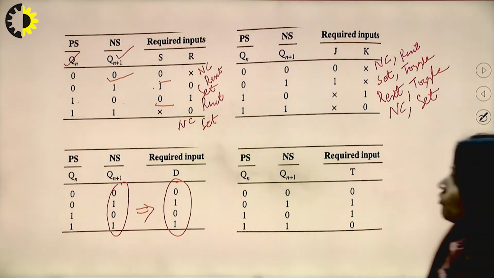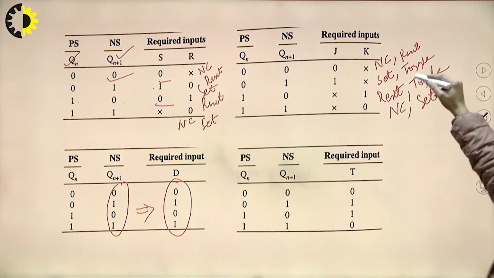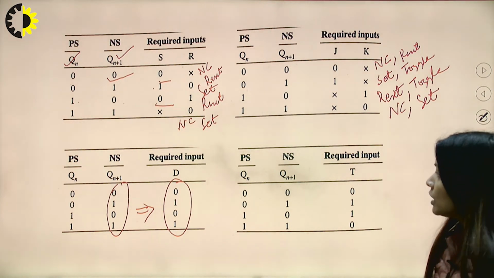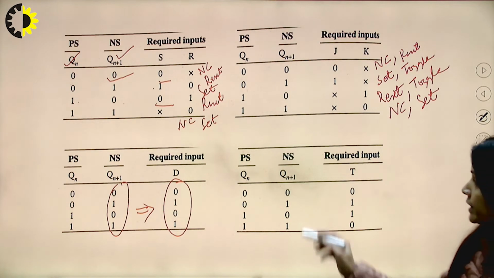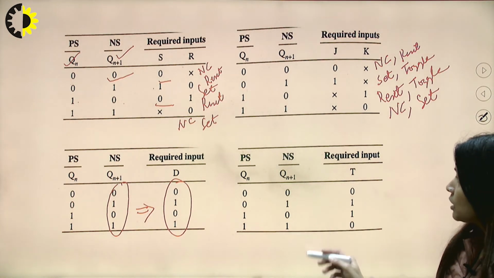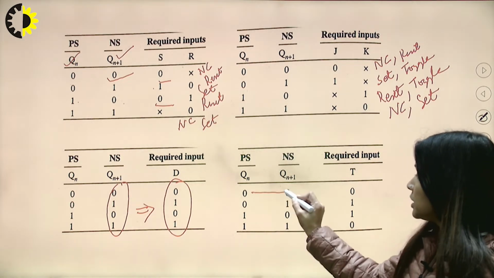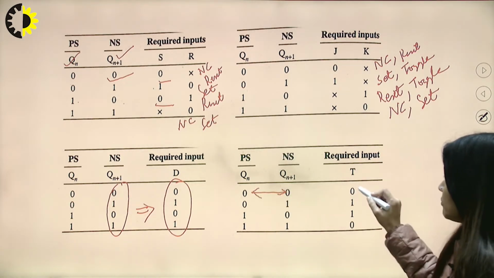So here only one condition was there. Here toggle has been added because in the JK flip-flop we have one more condition, that is toggle. Similarly, as far as the excitation table for the T flip-flop is concerned, wherever the outputs Qn and Qn plus 1 are the same, T must be 0.